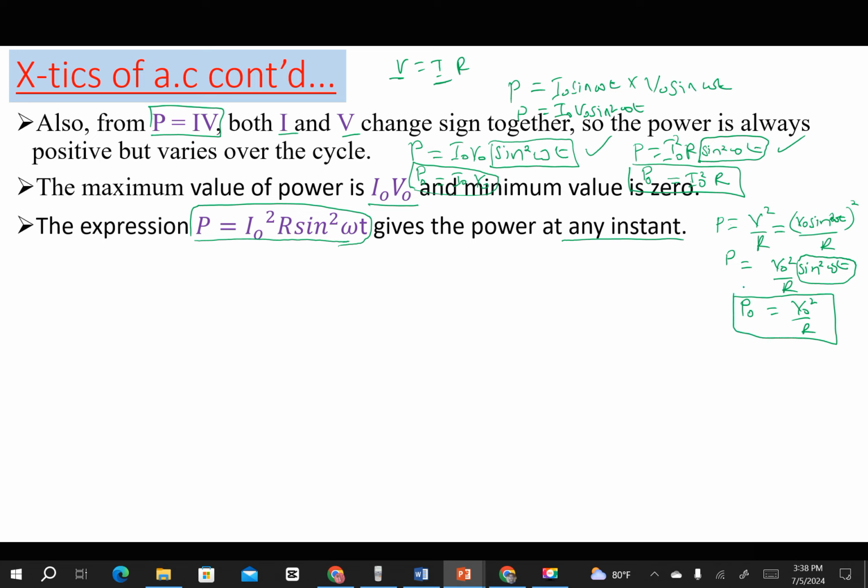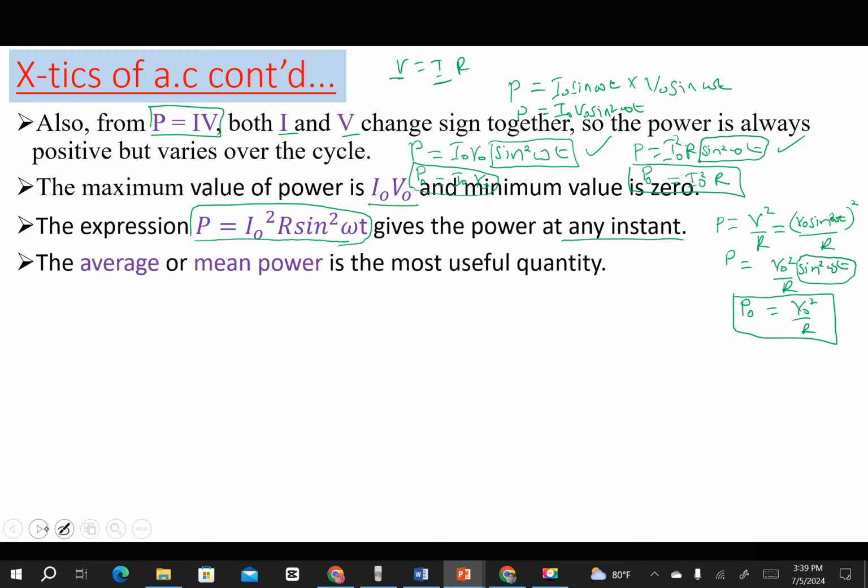Okay. So we now know the maximum power, then we should be talking about the average power, because we said the average power in the resistor is not going to be 0. So the average or mean power is the most useful quantity in alternating current because it is responsible for the heat dissipated in the resistor.